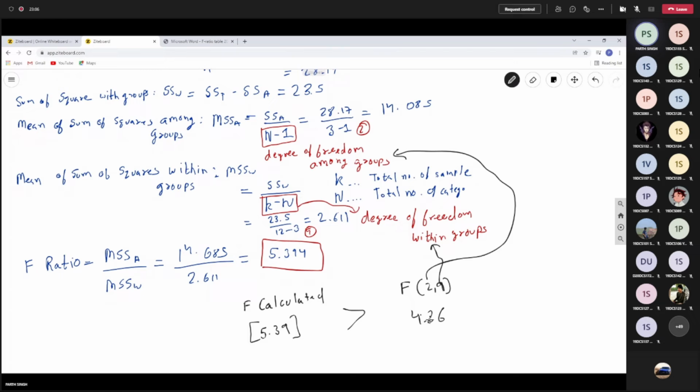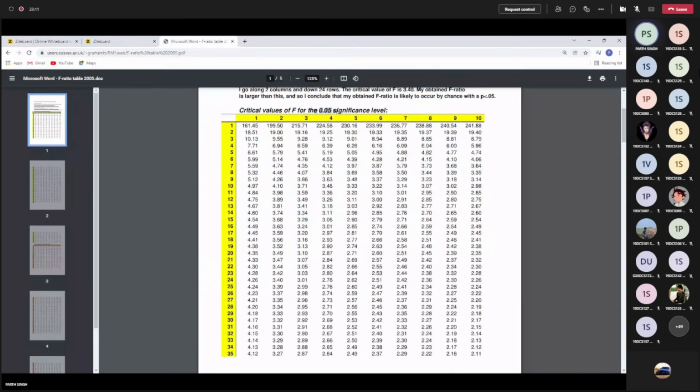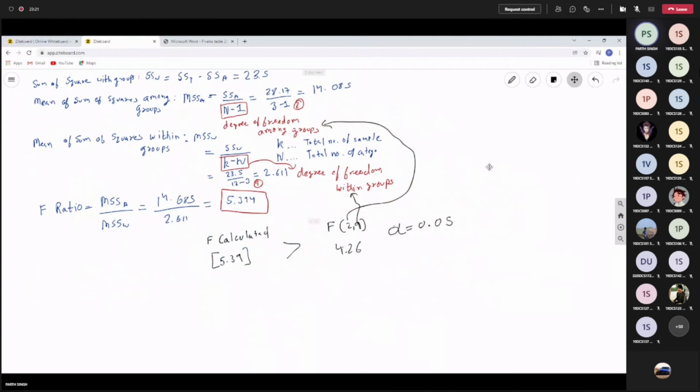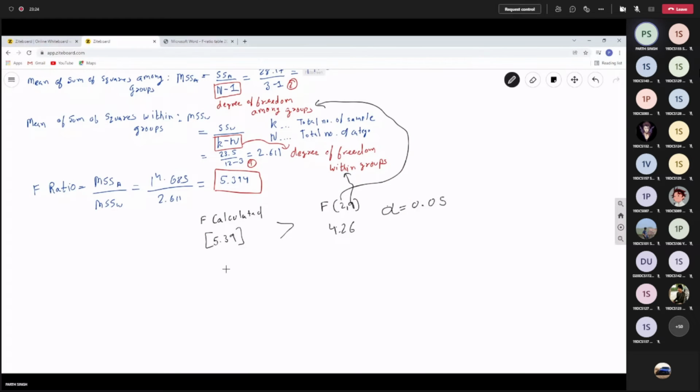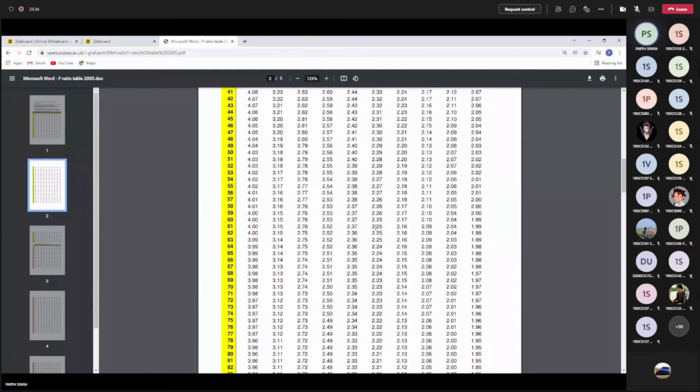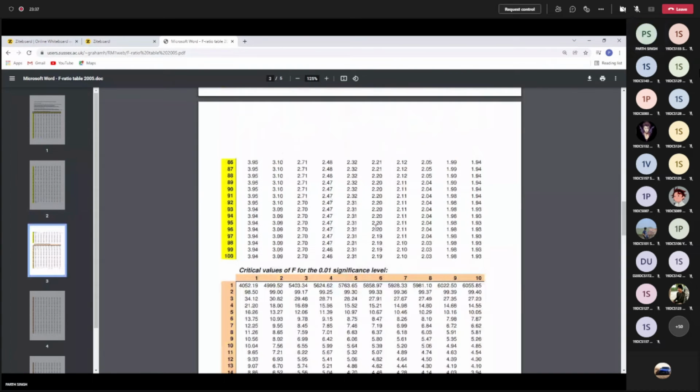F calculated value is greater, but this was for significance level 0.05, that means alpha equals 0.05. Now in a similar way, 5.39, and now we will check 2,9 for alpha value 0.01.